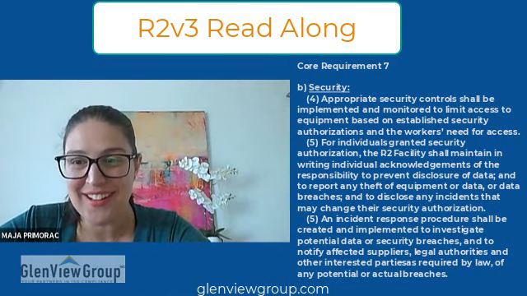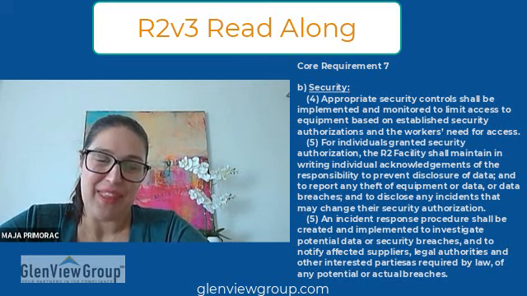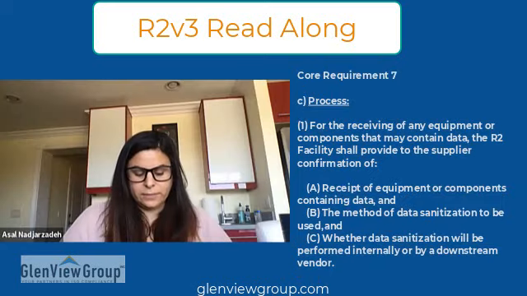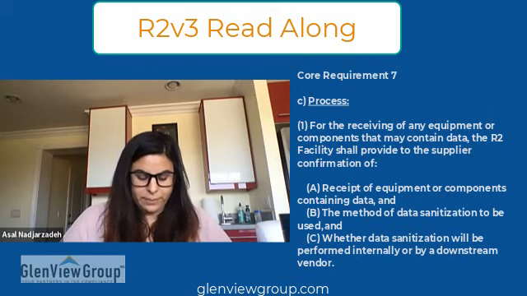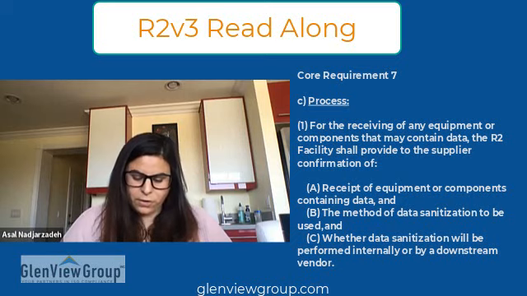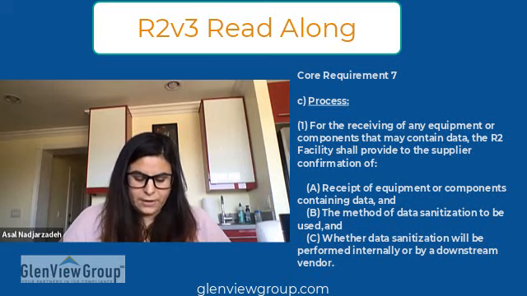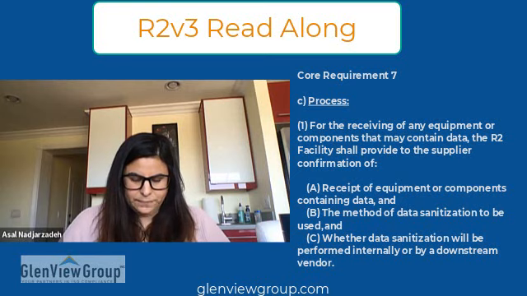That's only section B. So moving on to section C, which is specific to the process requirements. So C1, for the receiving of any equipment or components that may contain data, the R2 facility shall provide to the supplier confirmation of A, receipt of equipment or components containing data.